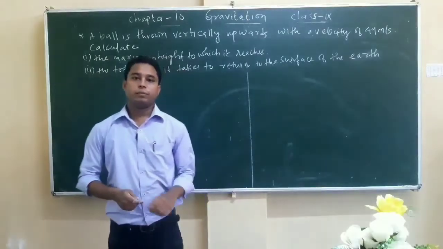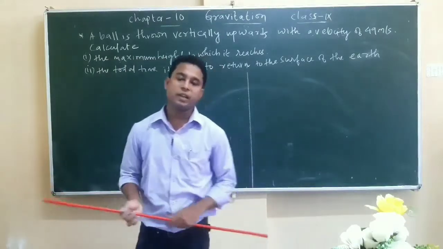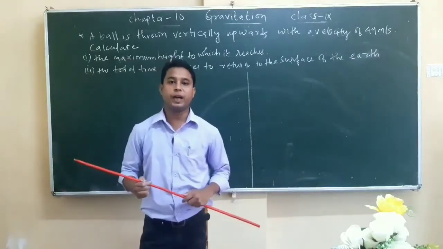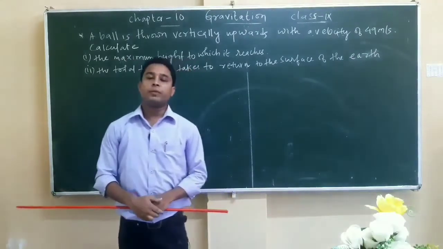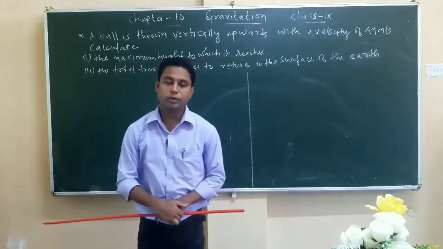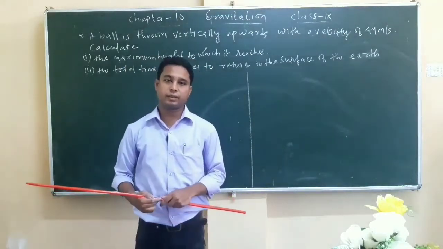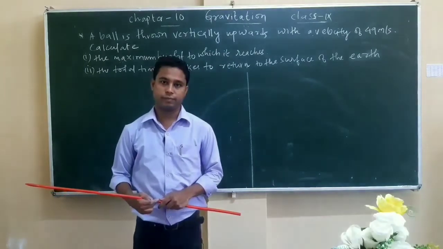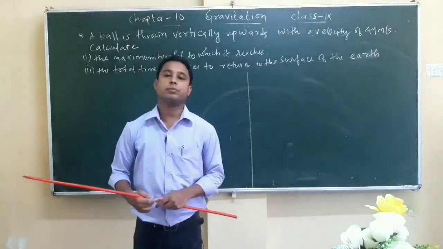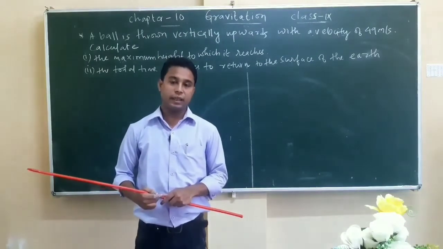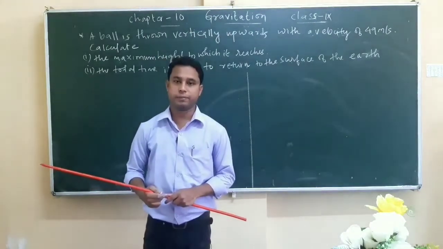Clear? Now before we solve the numerical sums, some important points which we have to remember for freely falling bodies. When an object is falling vertically downwards, g is taken as positive. When an object is vertically thrown upwards, g is taken as negative because it is against the gravity.